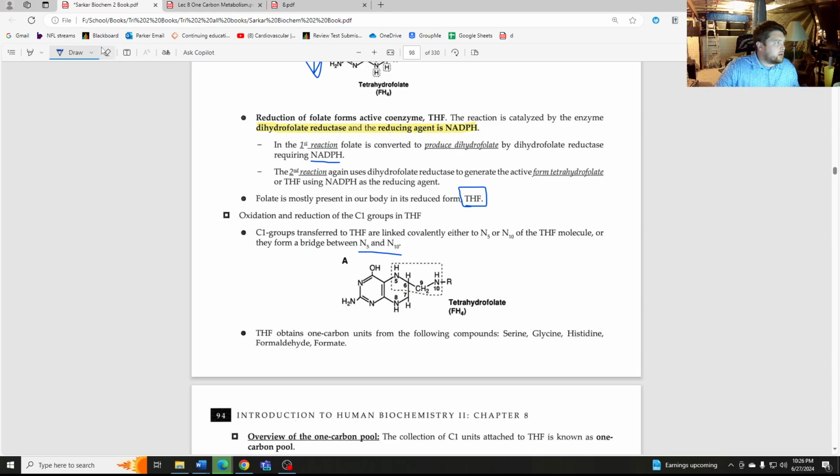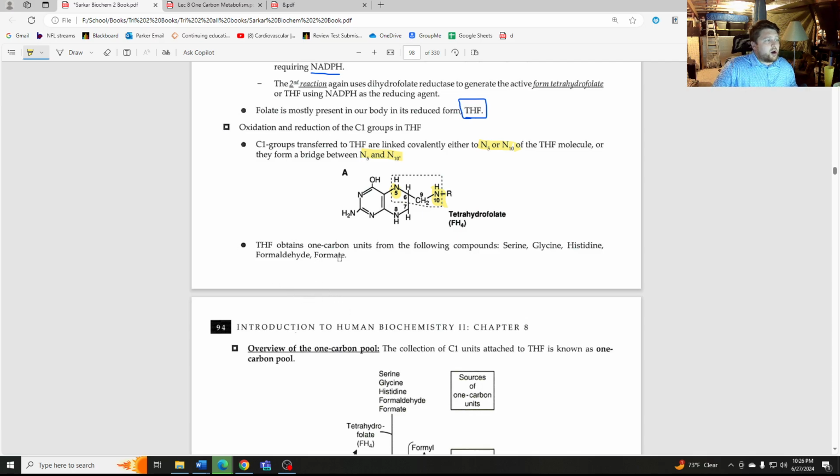Those positions are going to come back up, so make sure we write those down. N5 right here, N10 right there. We're going to focus on those when we talk about the 1 carbon groups that we're going to be transferring.